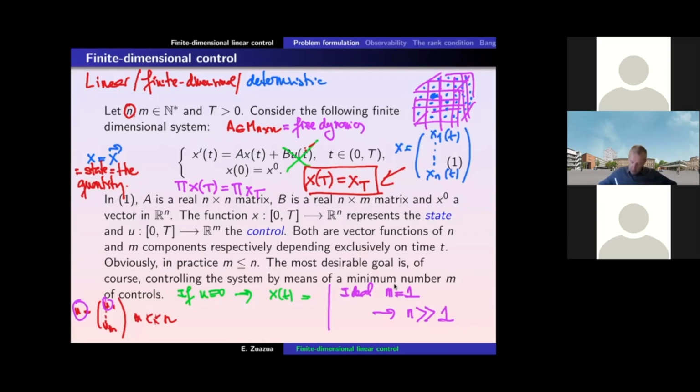Or it could be, well, I'm not interested in controlling exactly. I will be happy if the norm of the difference is just less than epsilon. And this is how we typically work in practice, right? So when you get into your car and you regulate the temperature in the car, say, okay, 20 degrees for driving, well, I'm not sure the car is exactly 20 degrees, right? So maybe it's 20.1, right?